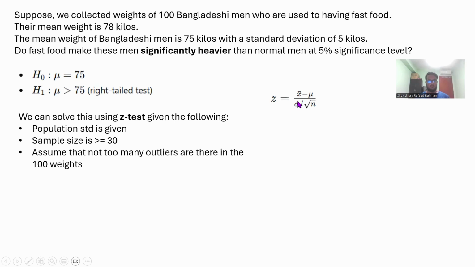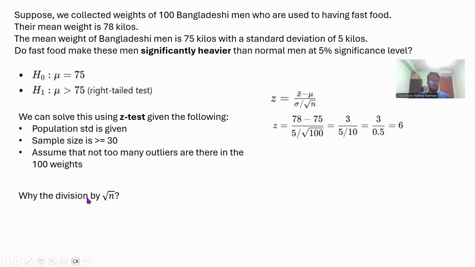Sigma is the standard deviation of 5. And n is the sample size of 100 Bangladeshi men. Now, in the z-score that I showed previously in the normal distribution tutorial, the root n was absent. I'm going to show why it is coming here, but first, let's do the math. If we plug everything in, we get a value of 6. So z-score equals 6.